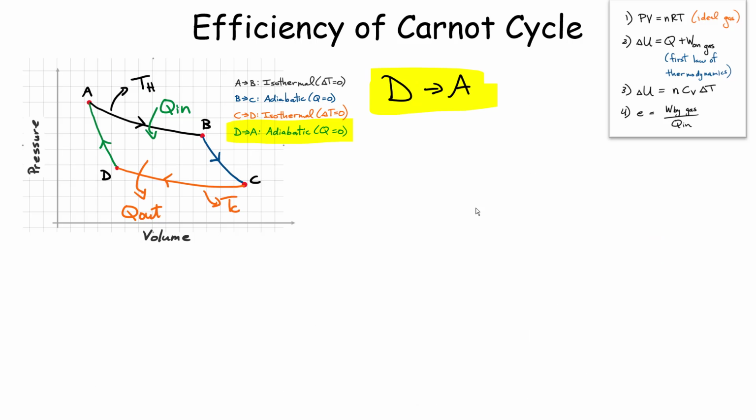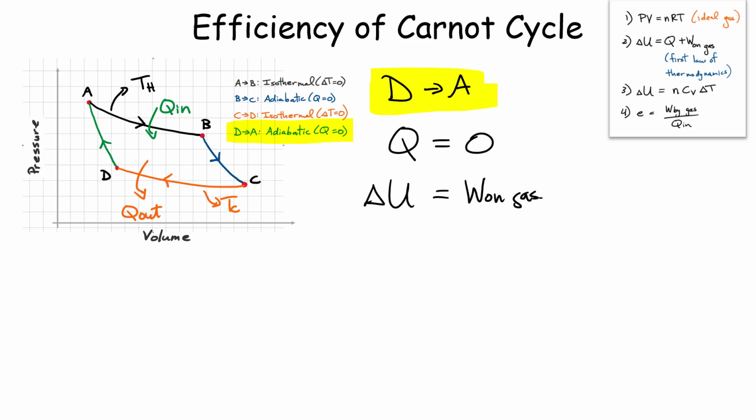All right, we now go from D to A. This is, by definition, an adiabatic process for the Carnot cycle. This automatically means that there is no heat leaving or going into the system. That simplifies our first law of thermodynamics. It means the change in internal energy is equal to the work done on the gas.